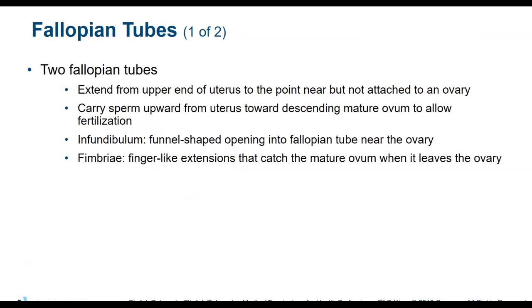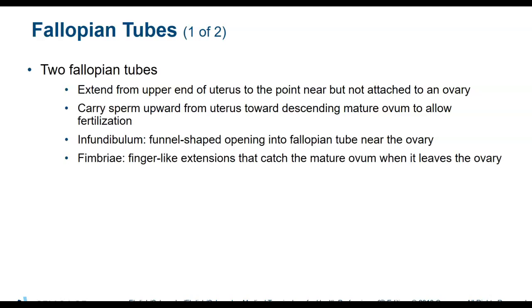We have two fallopian tubes. They extend from the upper end of the uterus to the point near where the ovary is. They're not attached to the ovary, but their opening is by the ovary. What these fallopian tubes do is carry the sperm up from the uterus towards the descending mature ovum to allow fertilization.